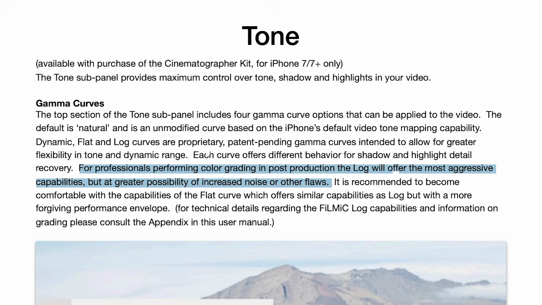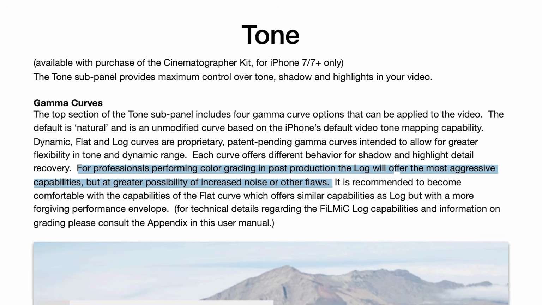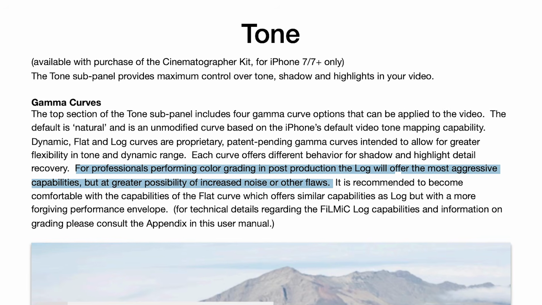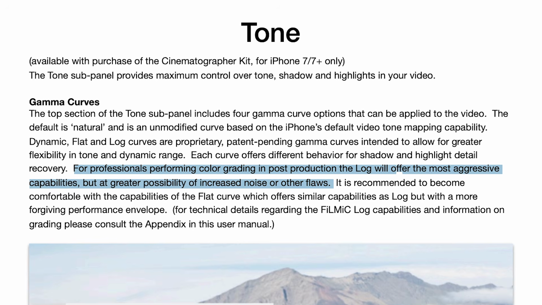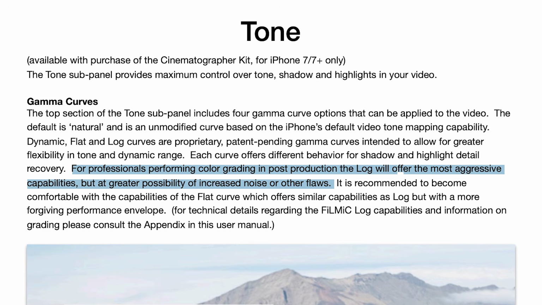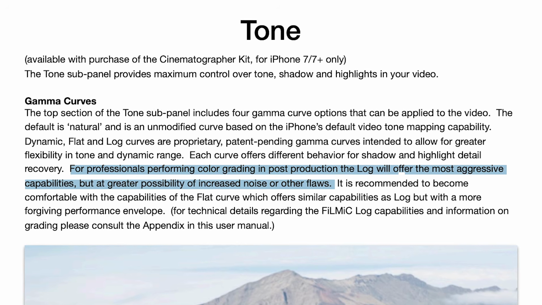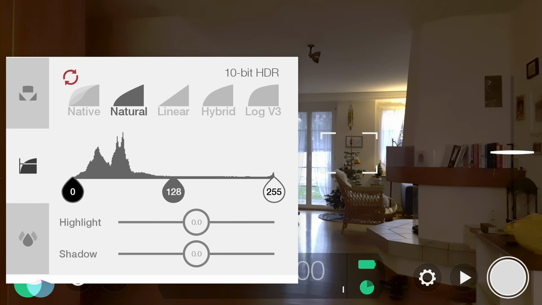In the FiLMiC Pro manual, it says, for professionals performing color grading in post-production, the log will offer the most aggressive capabilities, but at the greater possibility of increased noise or other flaws. I often get questions about shooting in log, about the extra noise experienced compared to shooting with the native app, sometimes even without the log profile.